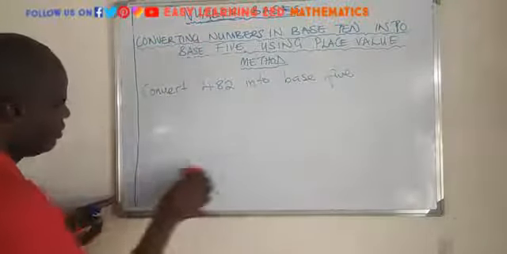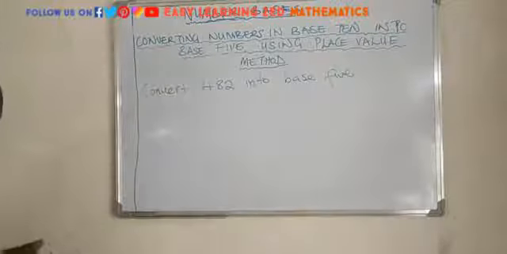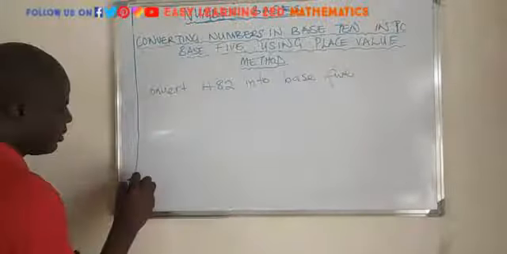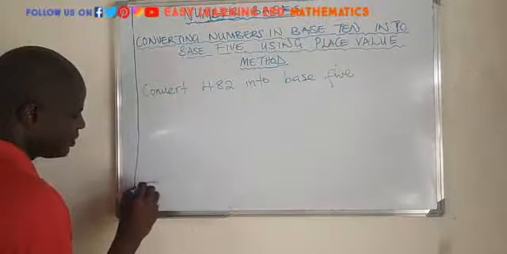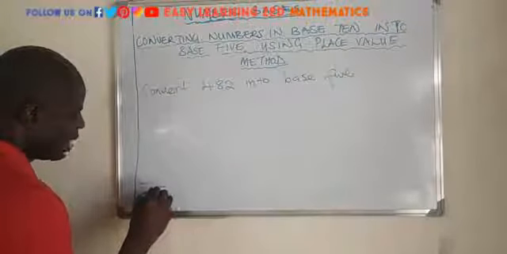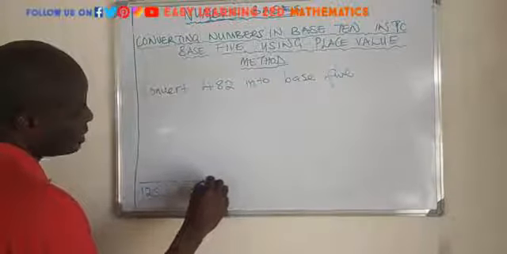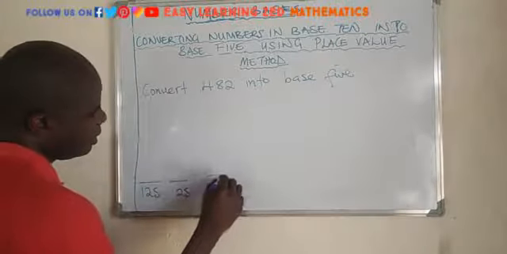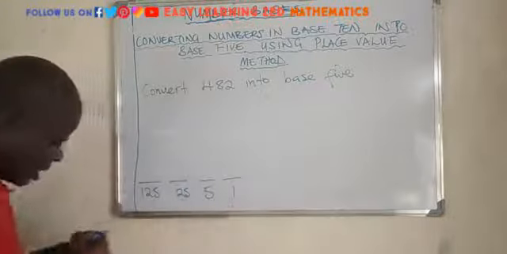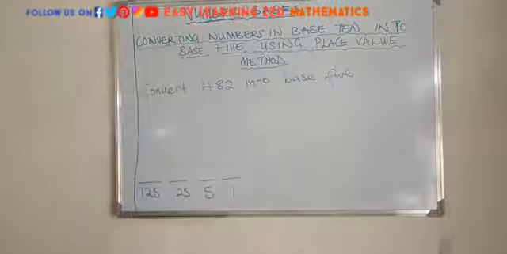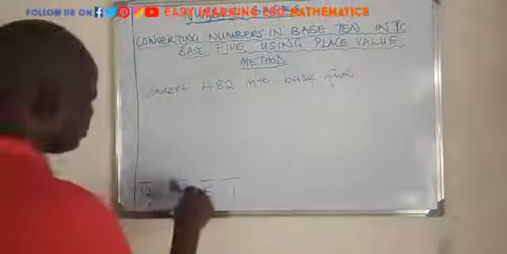So we are going to have the place values 125, next 25, next 5, then we have 1s. These are the place values we have.